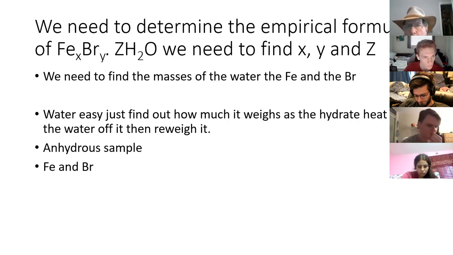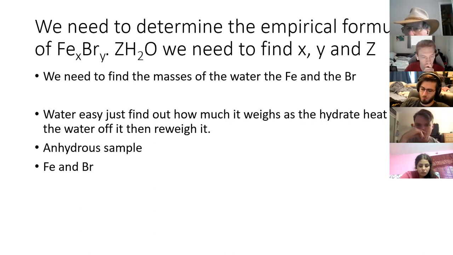Okay. What we're doing this lab, we're finding the empirical formula, not of iron bromide, but of copper chloride, xCuCl·zH2O. What we need to find are the numbers X, Y, and Z. To do that, we've got to find the masses of the water, the iron, and the bromine.